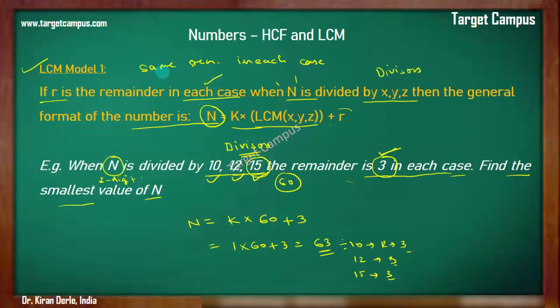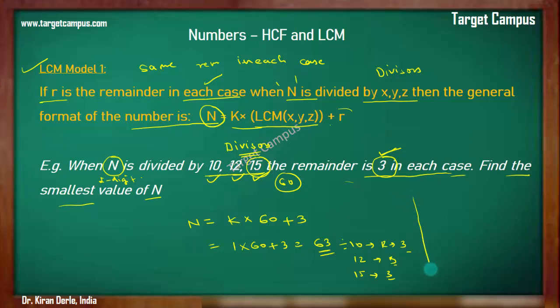So when you get the same remainder in each case, the format of the number is like this: k into 60 plus 3.